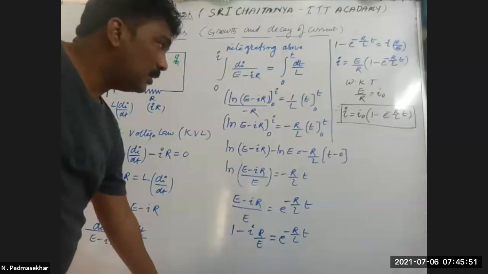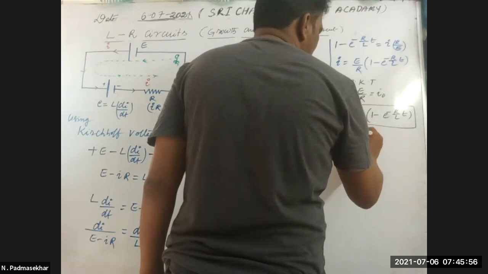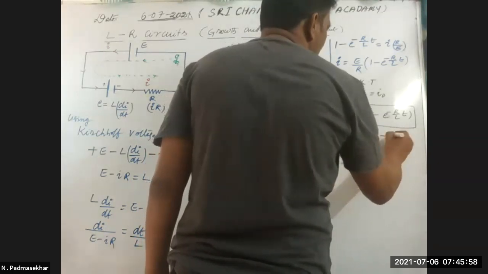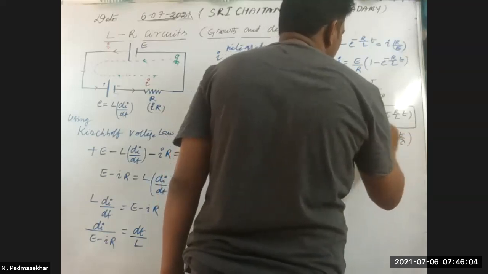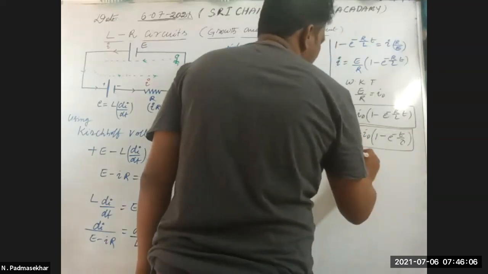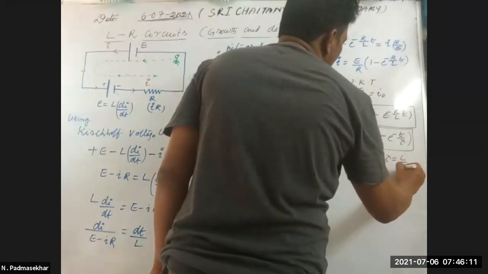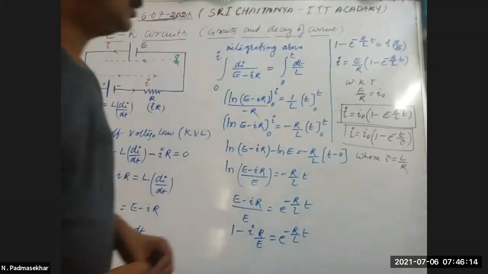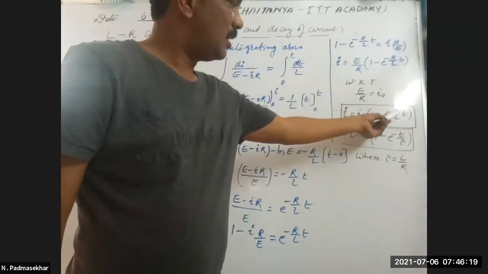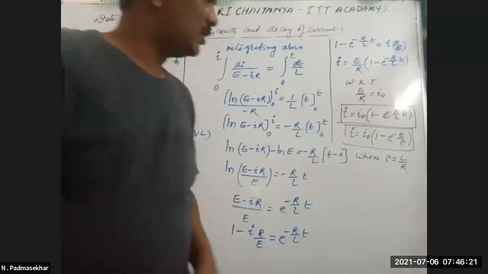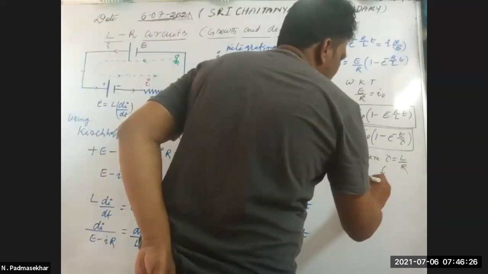Here I have to write I is equal to I naught times 1 minus e to the power of −t by tau, where tau is equal to L by R. So tau is called the time constant.